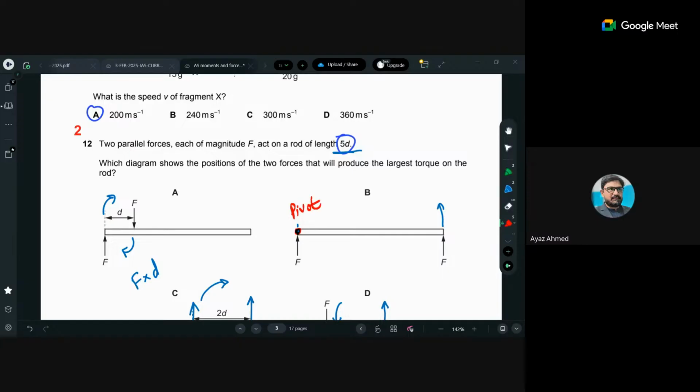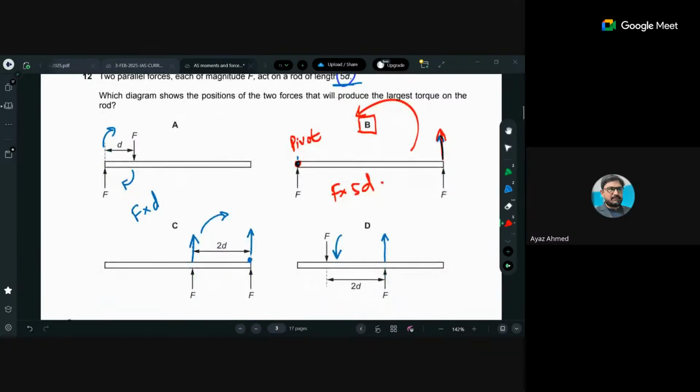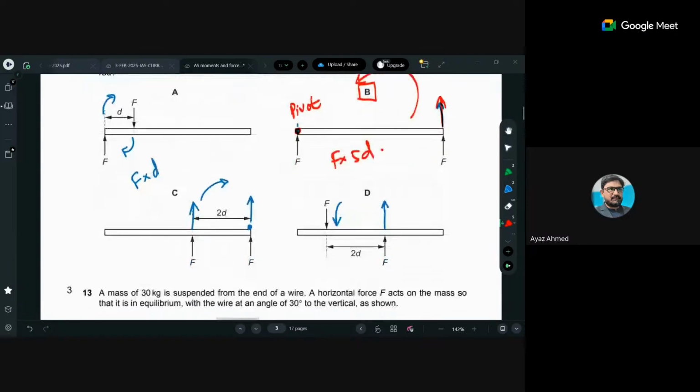So when there are two forces, one will behave like a pivot and the other would cause the moment, which would cause the rotation over here. So this would be the largest moment, F into 5d. Option B would then be clear. Is it clear to you?